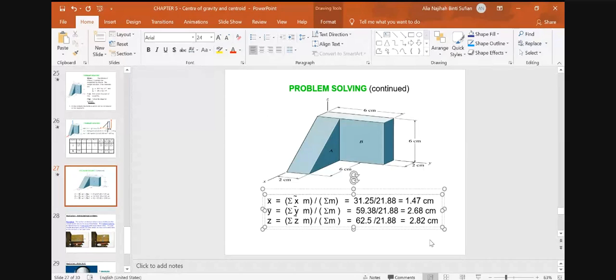Okay, let's see where it is situated. 1.47 x bar, okay, somewhere here.